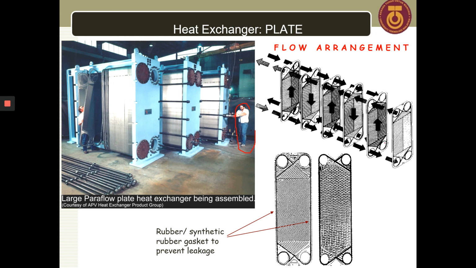So it cannot use a big temperature difference. So the plate type heat exchanger plays an important role, because when you have a bigger surface area, the Q is also big, while maintaining a low, small temperature difference.